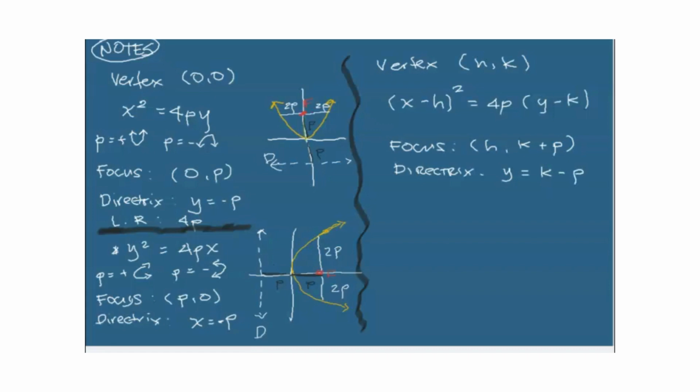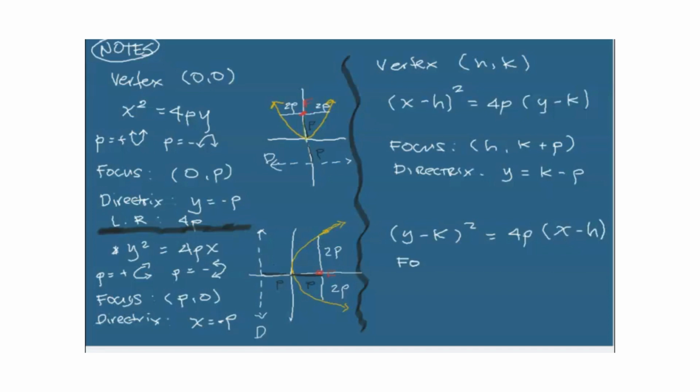Now for a parabola that opens sideways and the vertex is at h, k, the equation would become y minus k squared is equal to 4p times x minus h.